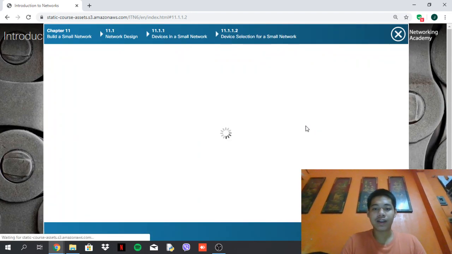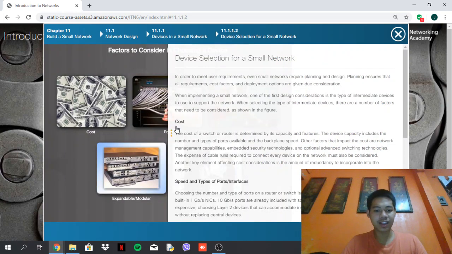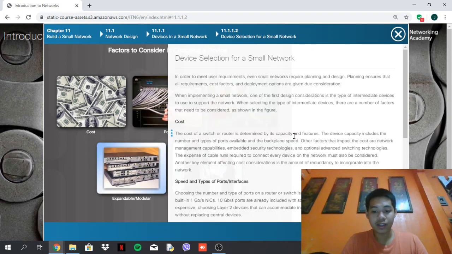Next is device selection for a small network. Of course, the cost is low, ports are very limited, speed is quite minimal, and it is expandable and quite manageable.